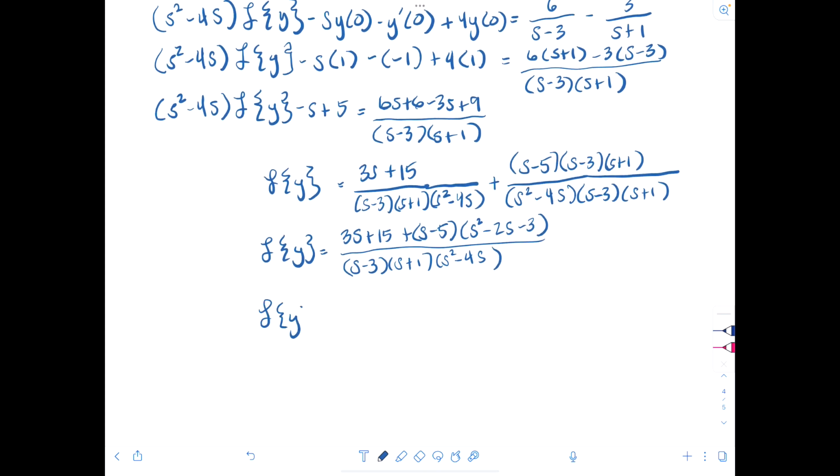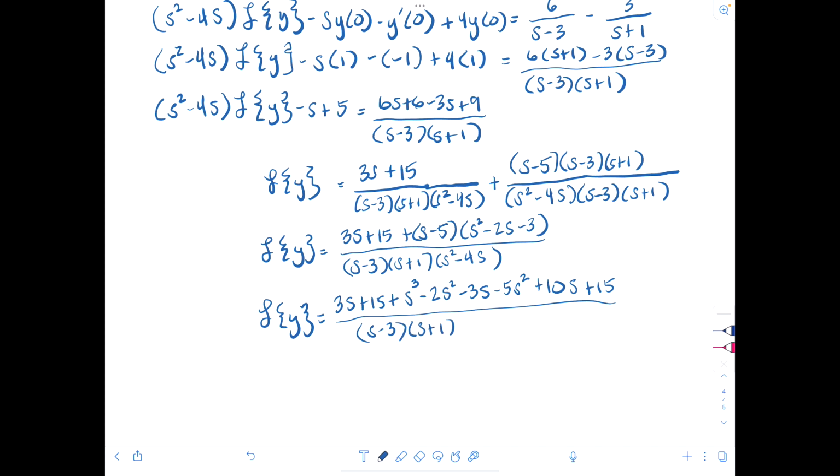L at y will be equal to 3s plus 15 plus s cubed minus 2s squared minus 3s minus 5s squared plus 10s plus 15 all over s minus 3, s plus 1, s squared minus 4s. Almost there.